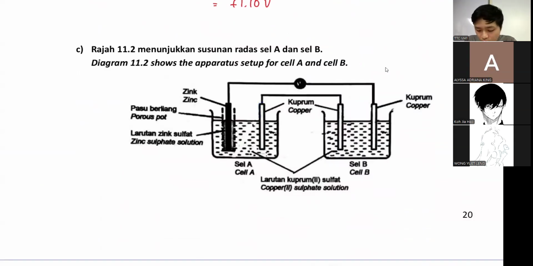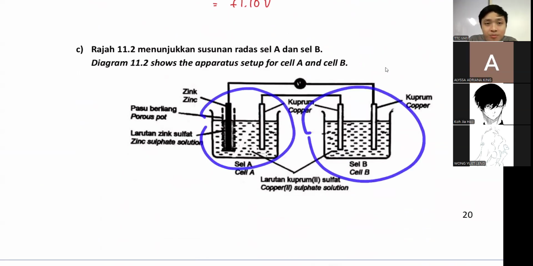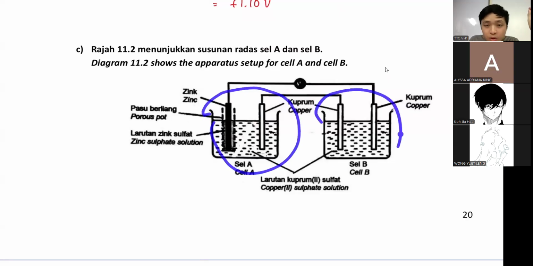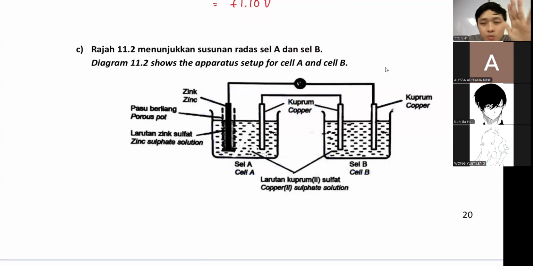This one is even more, I would say not complicated, but more cells need to be analyzed, because here already got two cells. Just now only got one cell. Since you got two cells already, then you have to analyze which one is the voltaic cell and which one is the electrolytic cell.